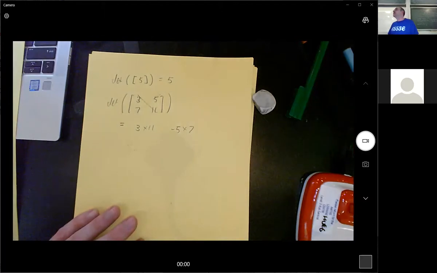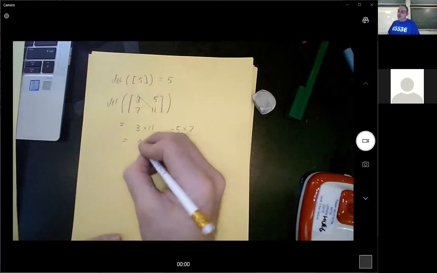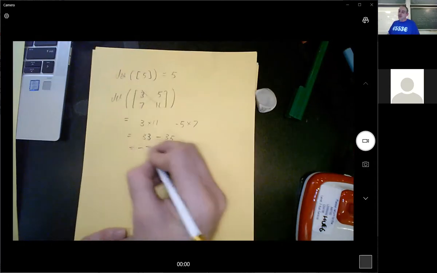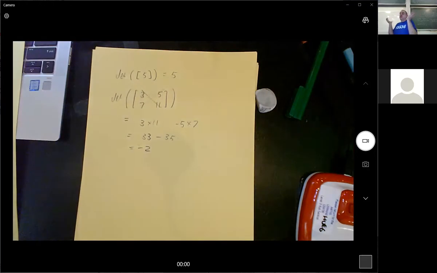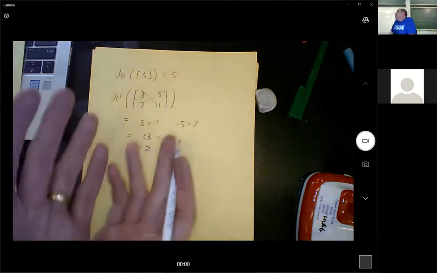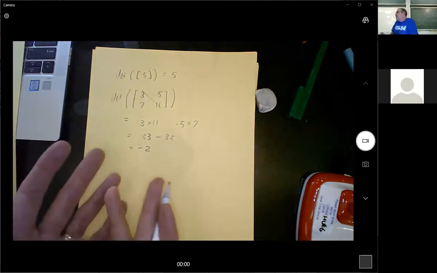So this will be -2, which is just an answer. We don't really know what to do with that. It's just a number that it produces.